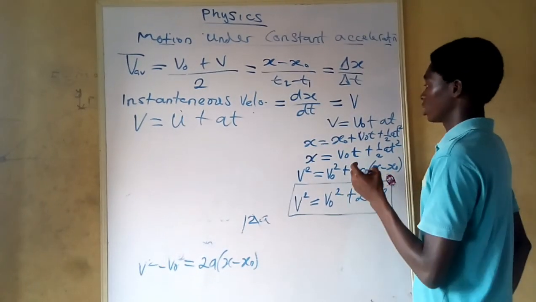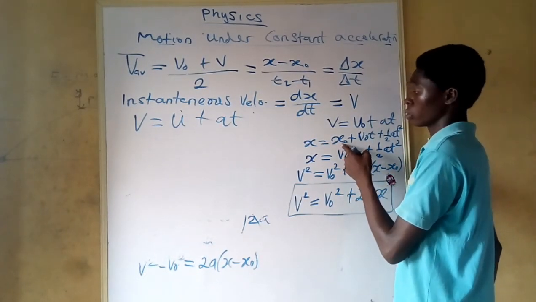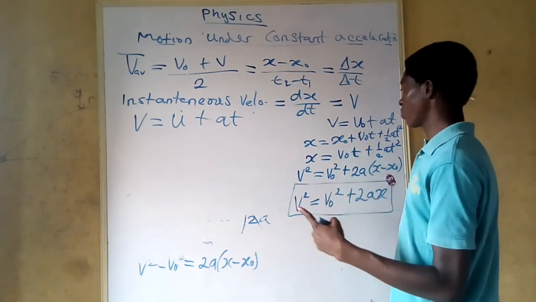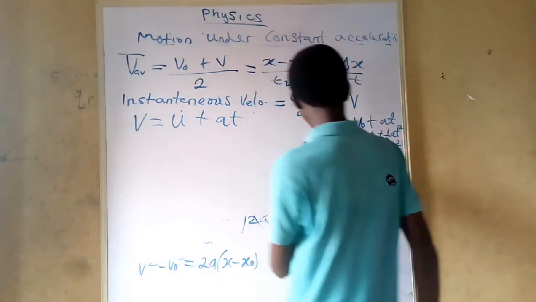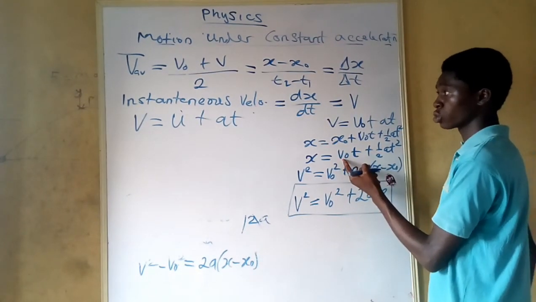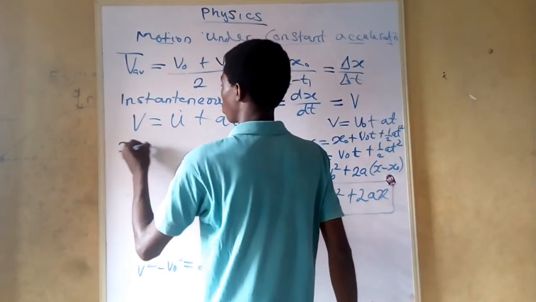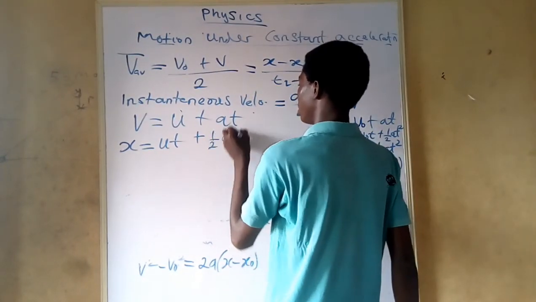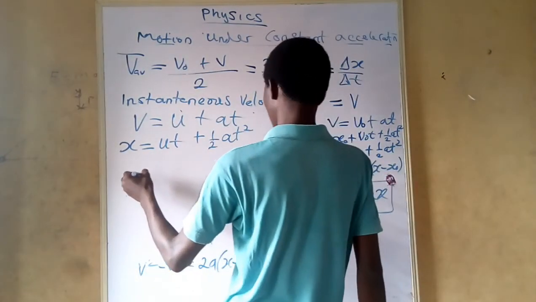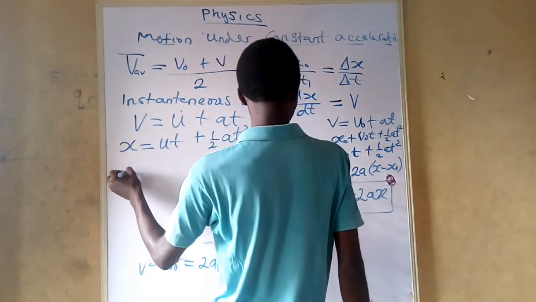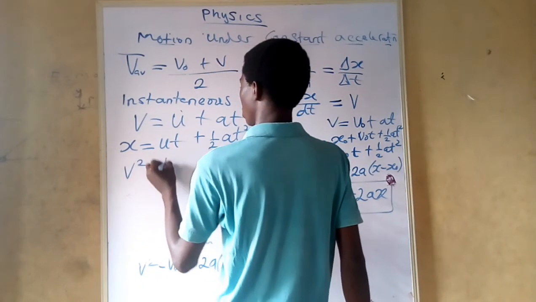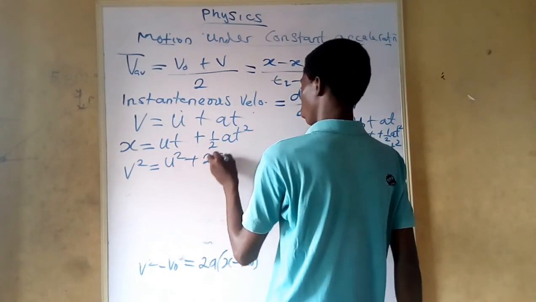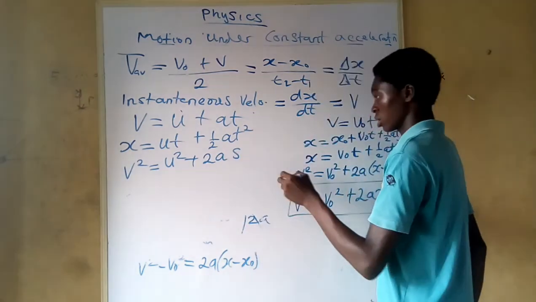Most of the time the object starts from the origin or reference point, so x naught is zero, and where V naught is u, we see x equals ut plus half at squared. And the last one we see as V squared equals u squared plus 2as, that is, 2ax.